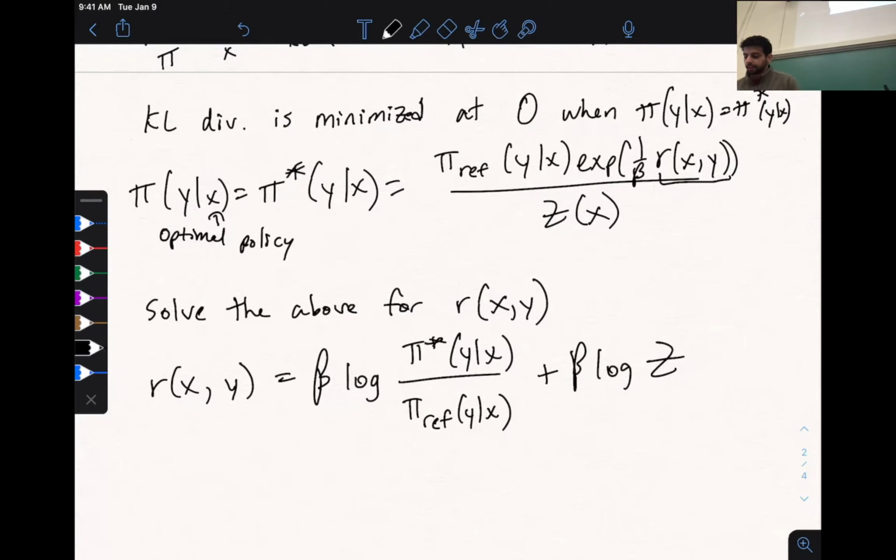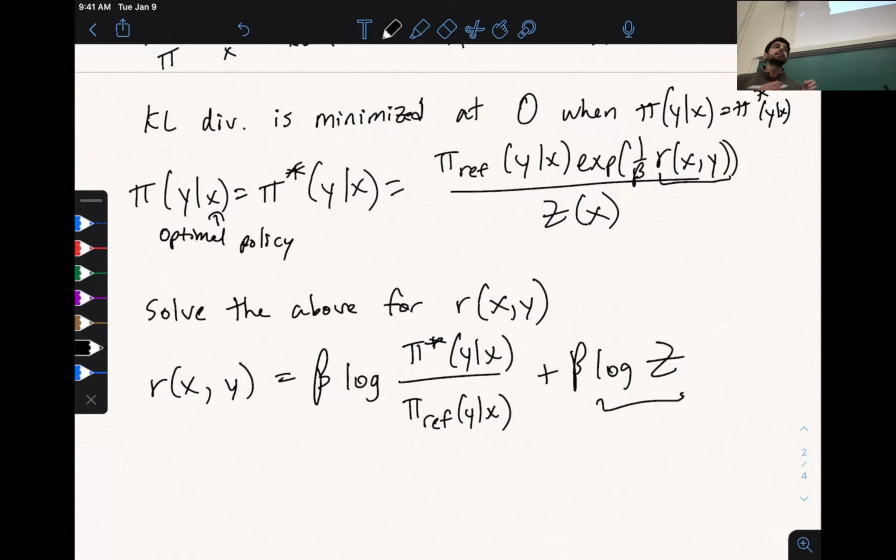So now we've expressed our reward in terms of the optimal policy, the reference policy, and this normalizer here. Now, note that this z is intractable to compute, right?